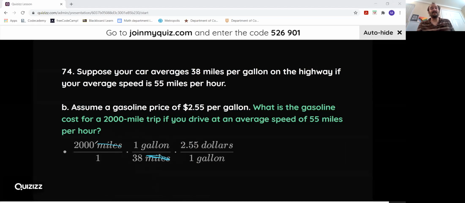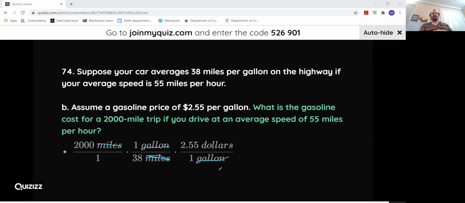Now this is telling me how many gallons of gas I'm using for this trip. If they ask that question, this would be what we do right here. We would ignore the rest of this. But now we want to go from gallons to how much it's going to cost us. So we know it costs us $2.55 for every 1 gallon.